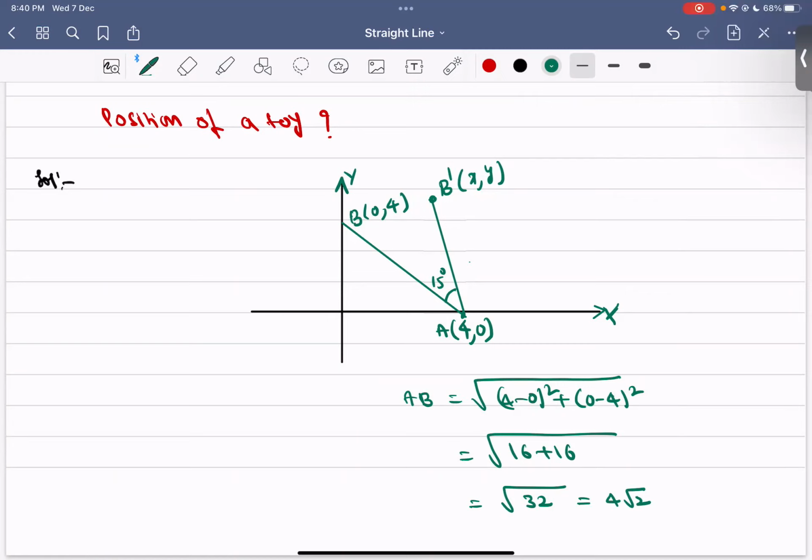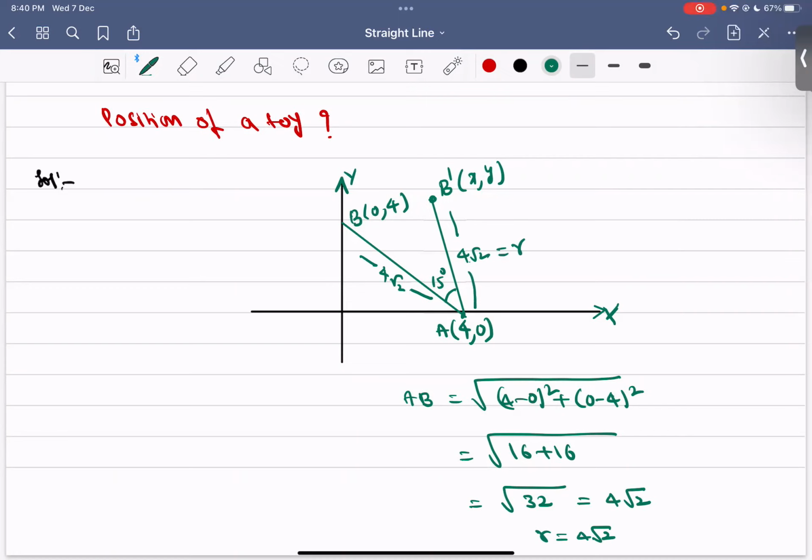Yes or no? So R is the distance between the fixed point and the variable point, 4 root 2. So this distance is also 4 root 2.